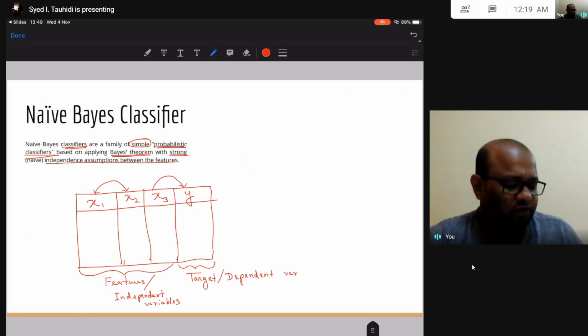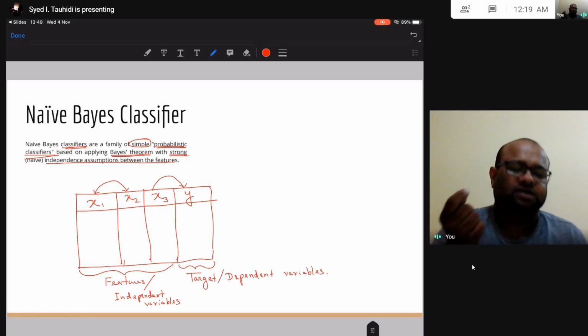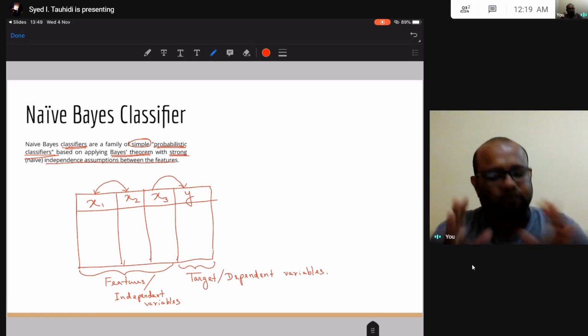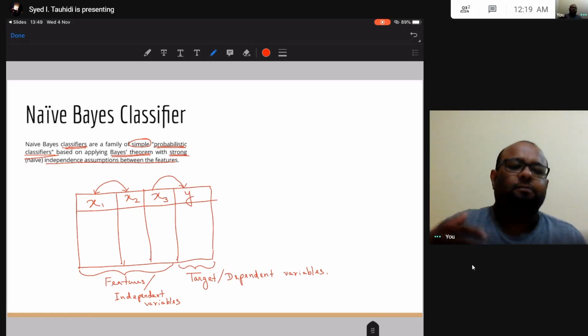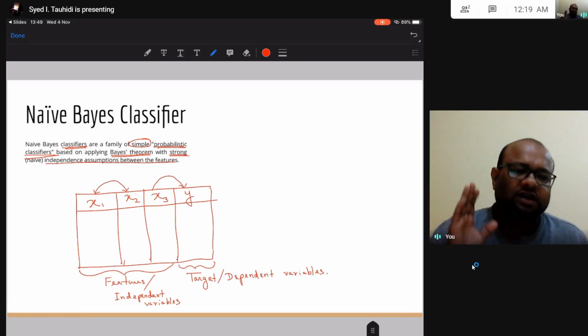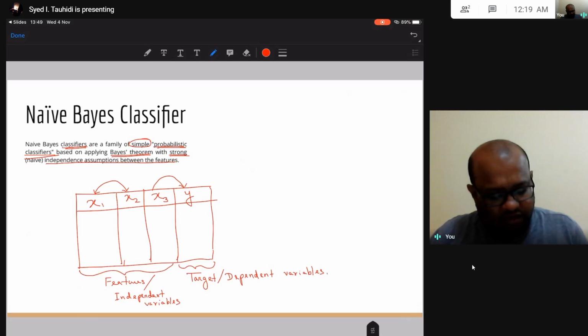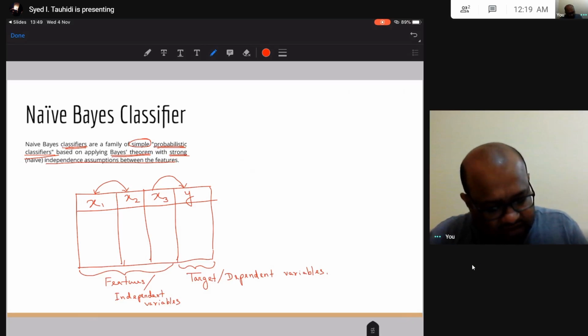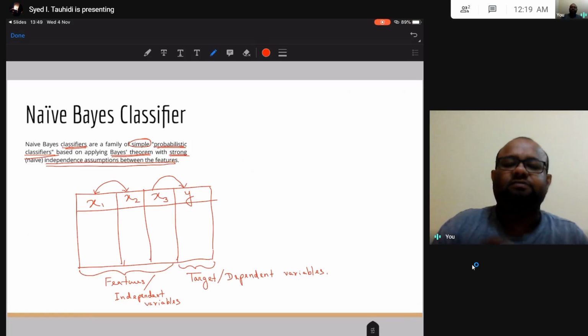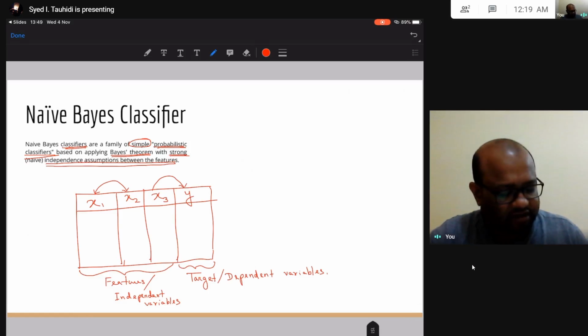Okay, the value of this target depends on the features, on the independent variables individually. All right, so all of them influence the target, but there is no relation among all these different features. All right, this assumption is the most important takeaway from this particular slide, that there is a strong independence assumption between the features. All right.